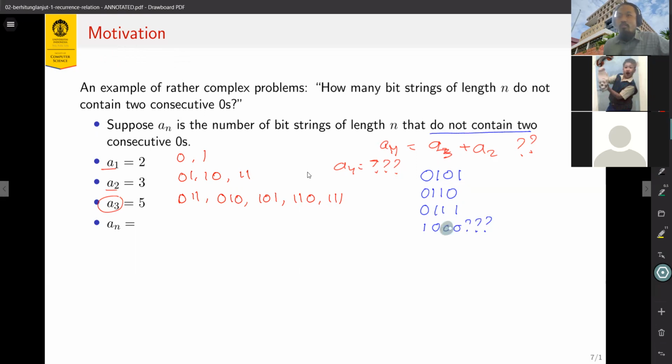So what do you think? 1, 0, 1, 0. Okay. What else? Let's start with 1 again. 1, 0, 1, 1. That is correct. Now, are these the only ones? Maybe we have more. Yeah, we have more. For example, 1, 1, 0, and then 1.